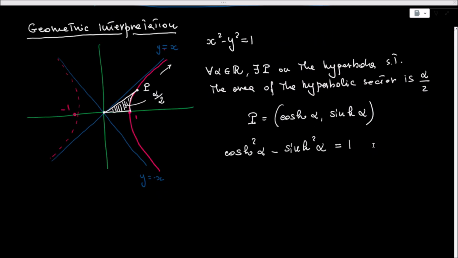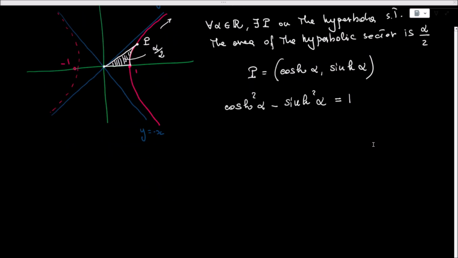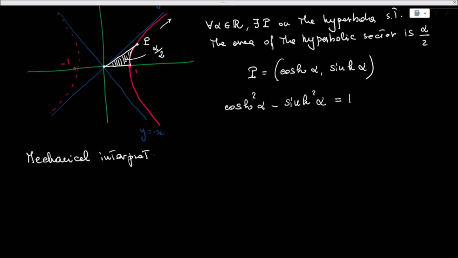The second interpretation that we want to give about the hyperbolic functions is a mechanical interpretation. And this is the reason why these functions come up so often in analysis and in mechanics.